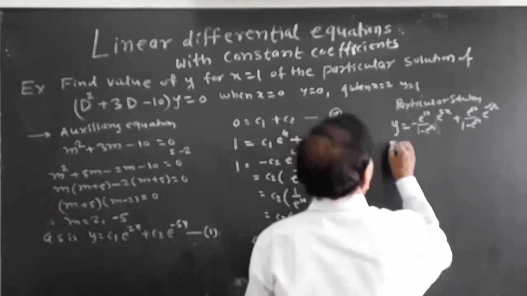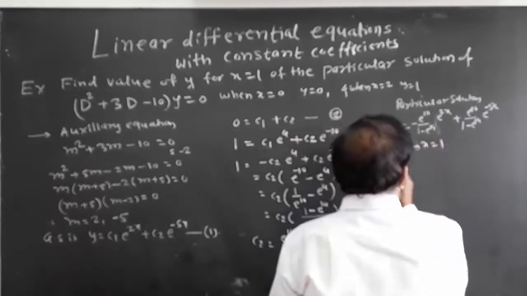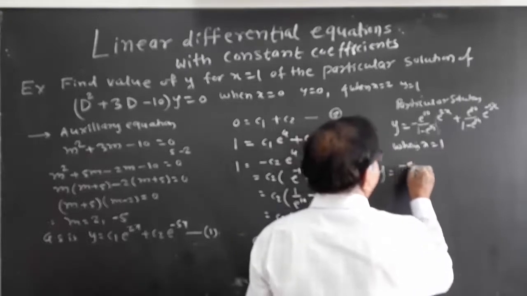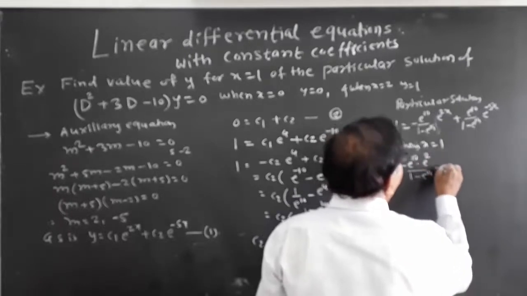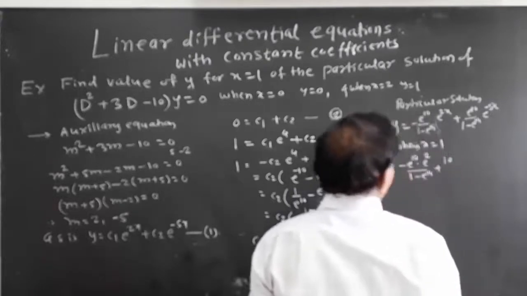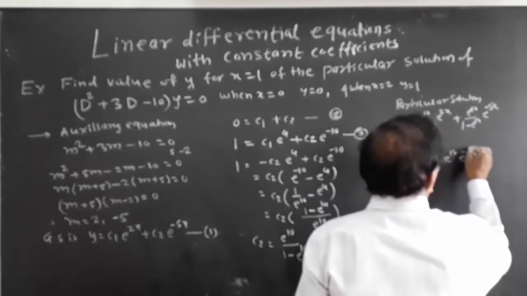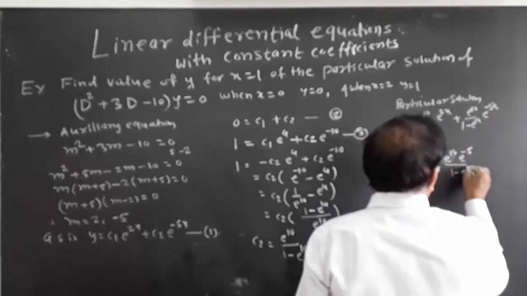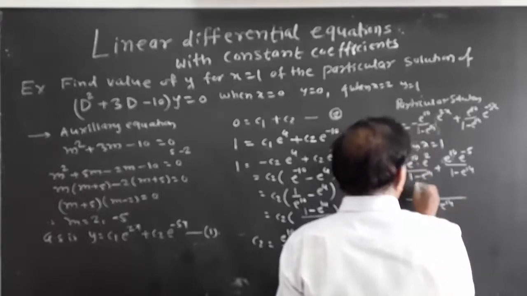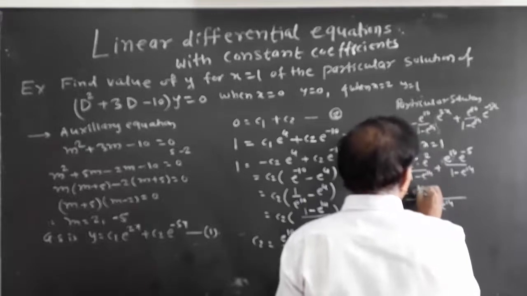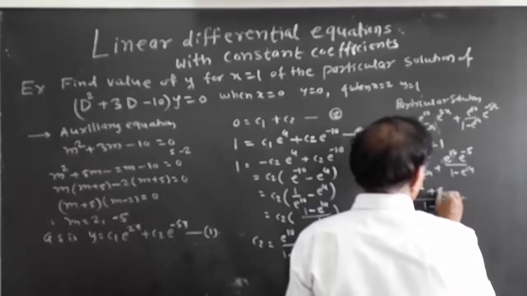In this particular solution, when x equal to 1, y equal to minus e raised to 10 into e raised to 2 divided by 1 minus e raised to 14 plus e raised to 10 into e raised to minus 5, divided by 1 minus e raised to 14, that is equal to 1 minus e raised to 14 by minus e raised to 10 times e raised to 2 is e raised to 12 plus e raised to 5.